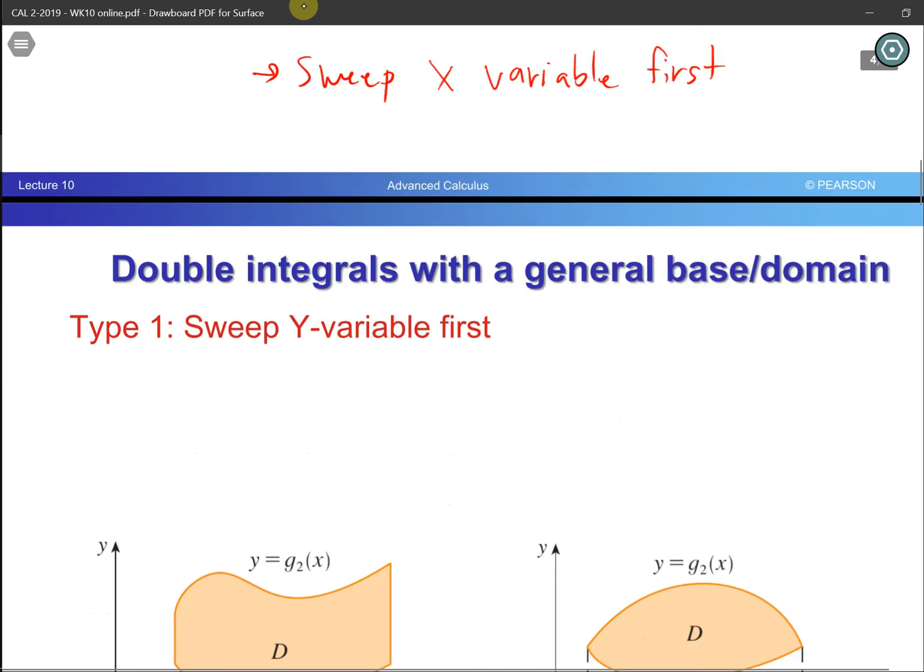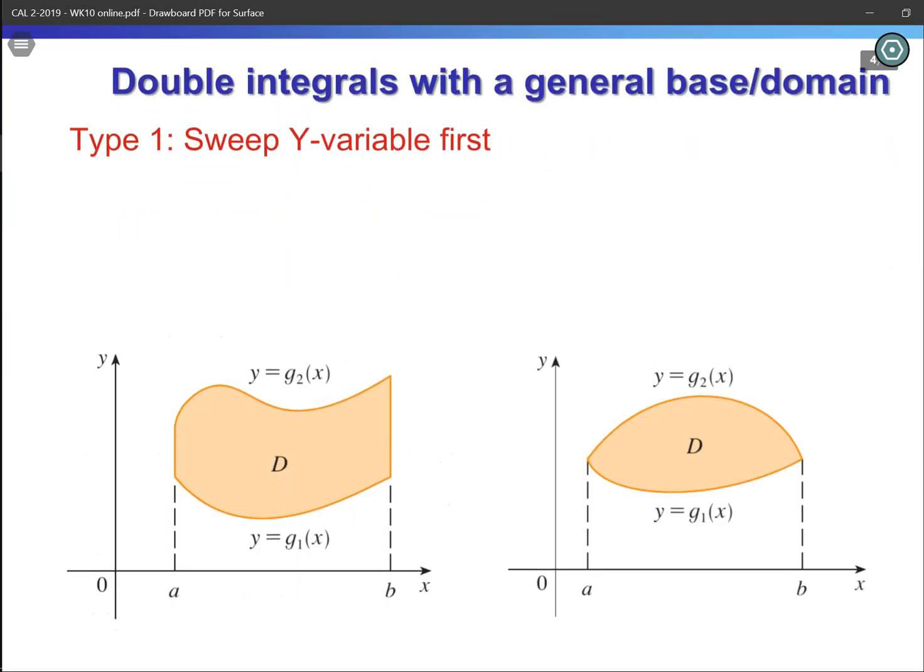Now let's take a look at type 1. I told you that we need to sweep the y variable first, but let's take a look at the property first. Type 1 has two curves, one from below and one from above. You can see these two graphs here.